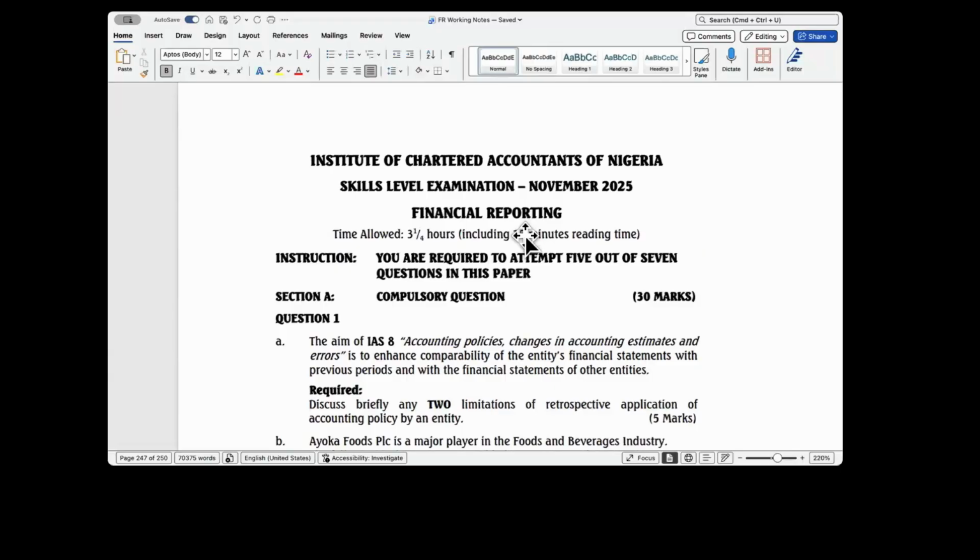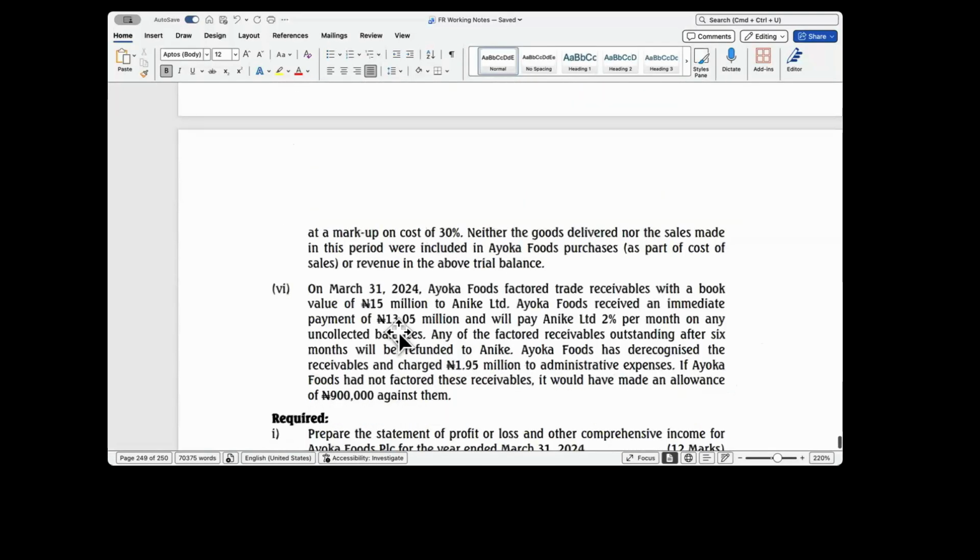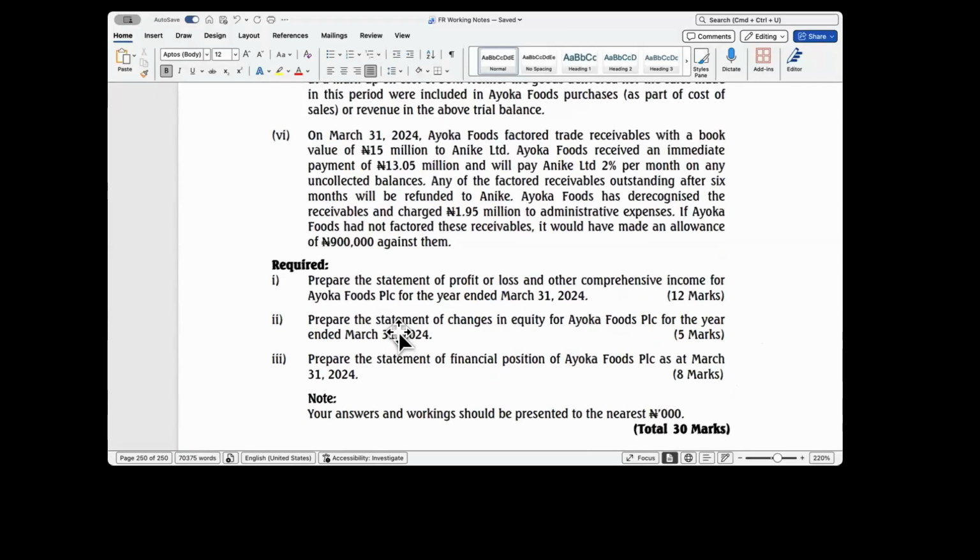Question 1 is about financial statements generally. Either the examiner asks you to prepare the set of statements like we have here this diet, statement of profit or loss, statement of changes in equity, and statement of financial position, or they can ask you for a statement of cash flows.